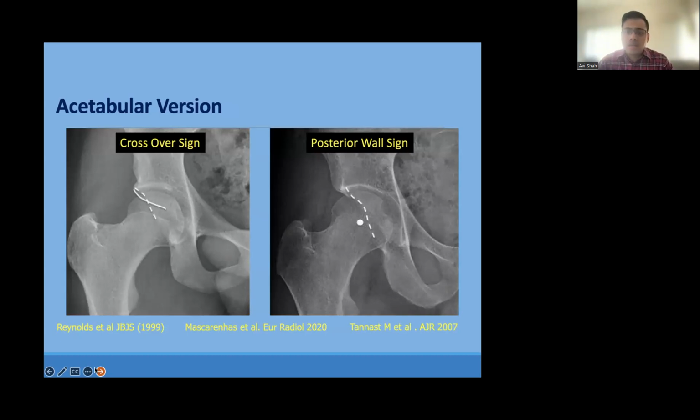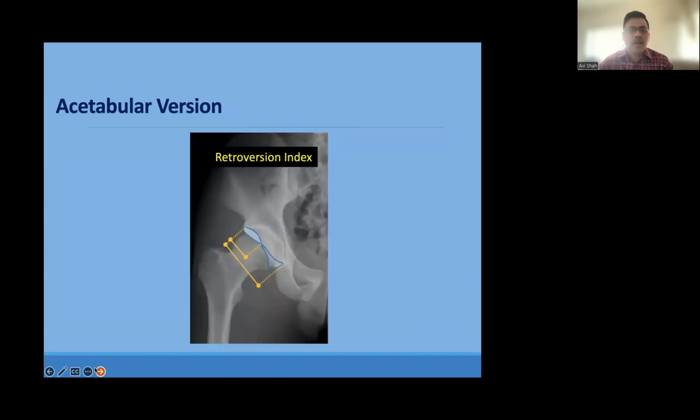Normally the posterior wall will be just going through the center of the femoral head or just lateral to it. But if it is medial to it, that shows there is some insufficiency in the posterior wall, or there is a retroversion. Acetabular version index is another index which can be measured, which quantifies the amount of retroversion which you can have.